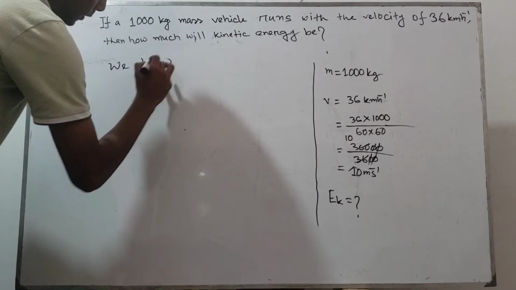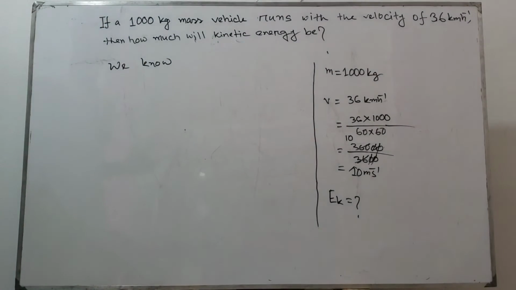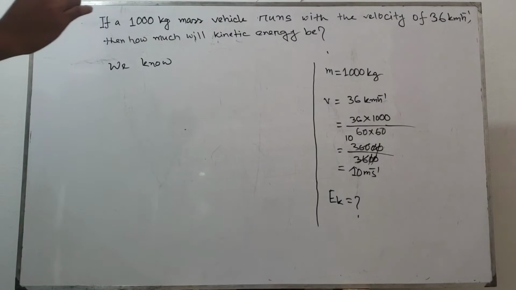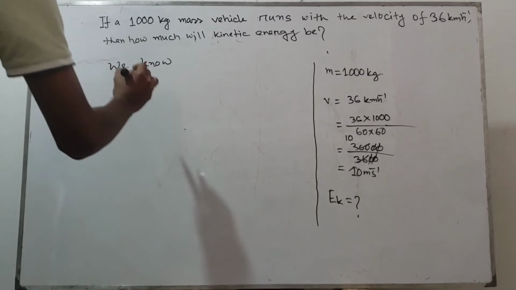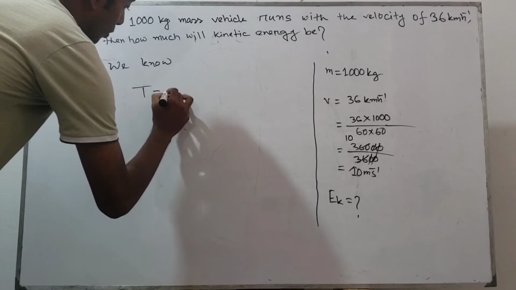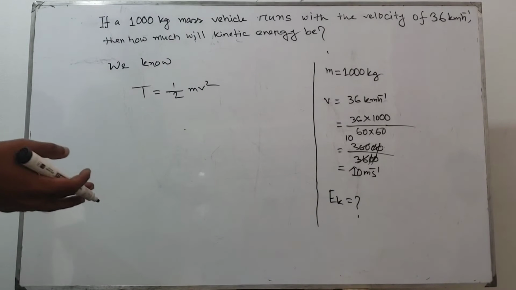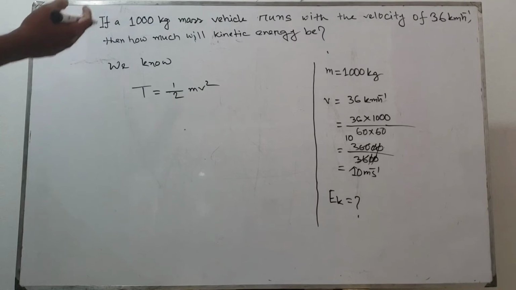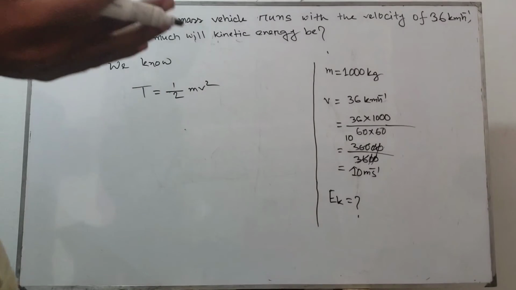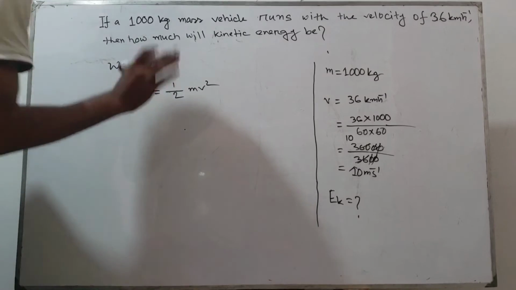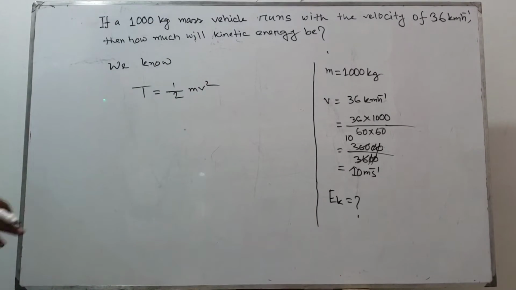In your book, the writer tried to mention this kinetic energy with the symbol T. T equal to half m v square. And in several books, you will find kinetic energy denoted as Ek, I mean kinetic energy, Ek. But in your book, T equal to half m v square. Okay.